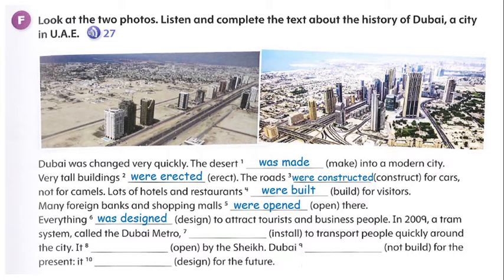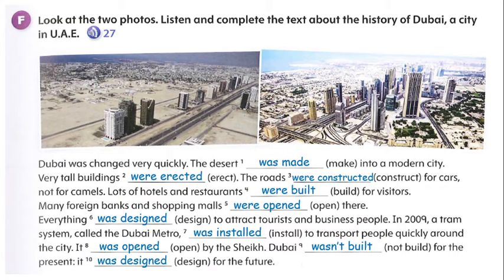A tram system called the Dubai Metro was installed to transport people quickly around the city. It was opened by the Sheikh. Dubai wasn't built for the present, it was designed for the future.